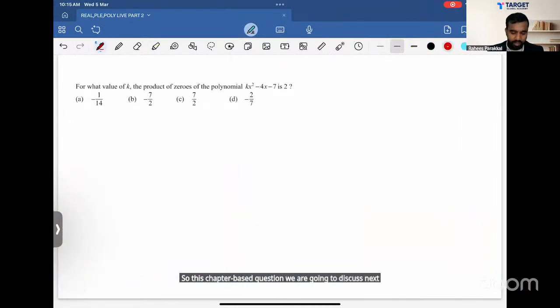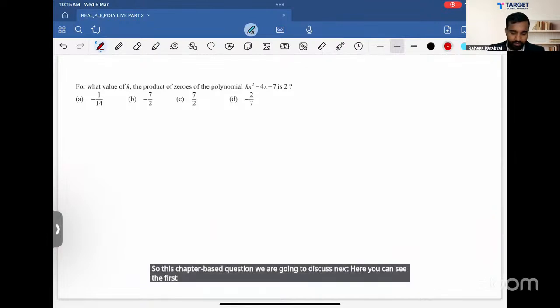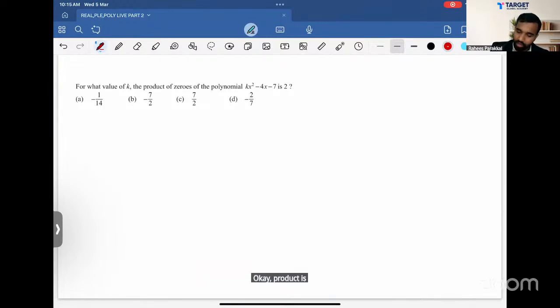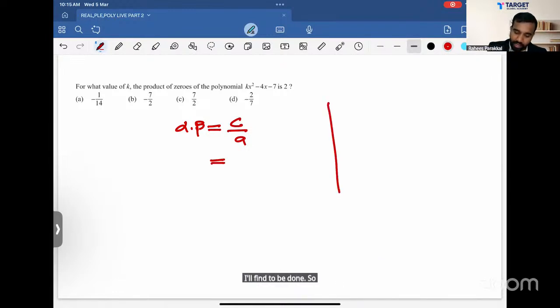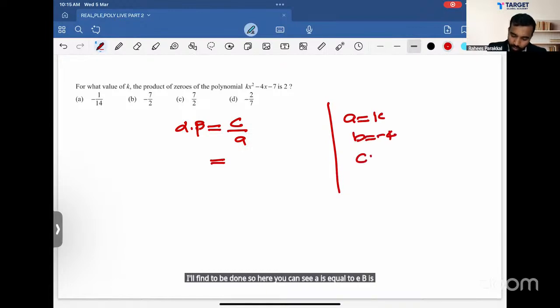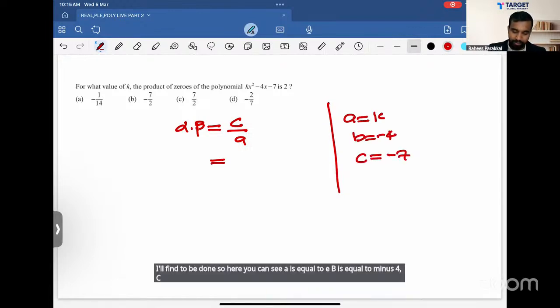Okay, first, here you can see the first question. For what value of k is the product of zeros of the polynomial kx square minus 4x minus 7 equal to 2? The question is asking for the product. What is the product here? Alpha into beta, that is equal to c by a, is called the product. Here a is equal to k, b is equal to minus 4, c is equal to minus 7.